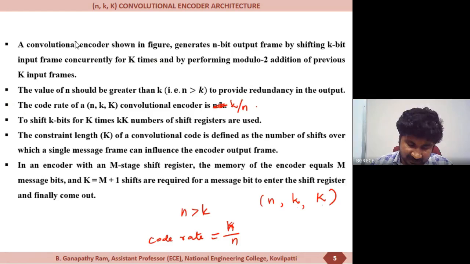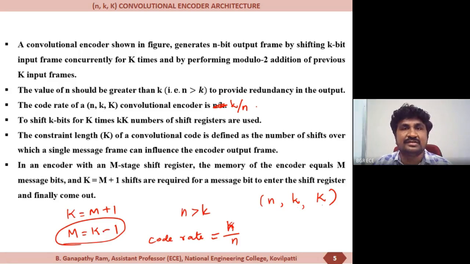So here, if m is the stage shift register, then as K is equal to m plus 1, we can write m is equal to K minus 1 number of states used to represent the different possible states in the shift register, irrespective of whether the last input is either 0 or 1.